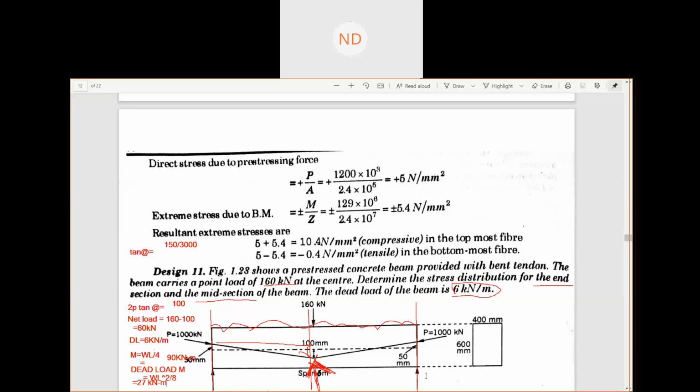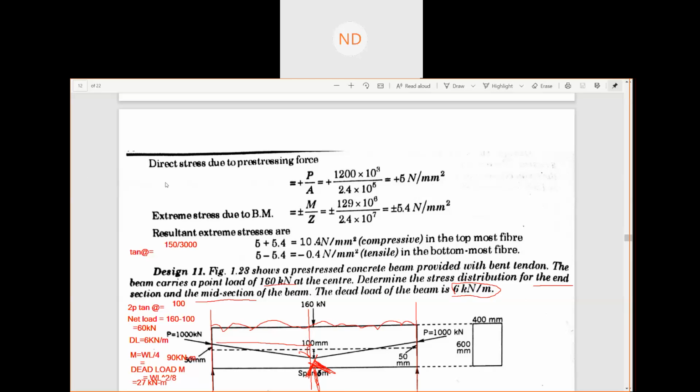What do you think? What will be the stresses here? Stress due to tendons and stress due to eccentricity. Yes, because eccentricity is here at the end section, the stress due to eccentricity is going to come. But one more thing, what is that?